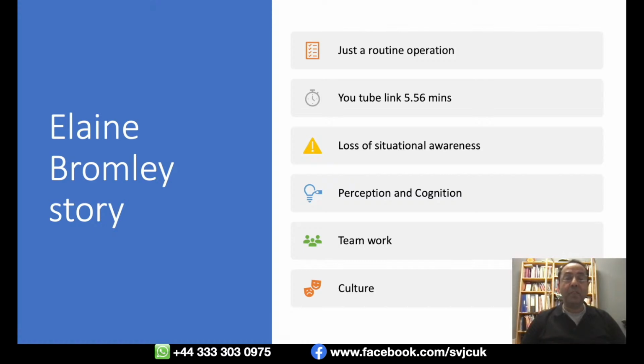You obviously saw there was no team leader, so there was a poorly functioning team, and there was also an issue with the culture. The nurses in the background were trying to flag up, and they even brought the tracheostomy kit, which could have saved the patient's life.